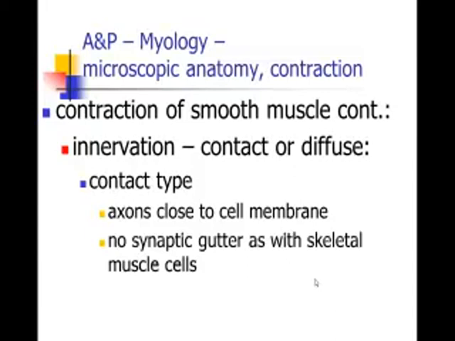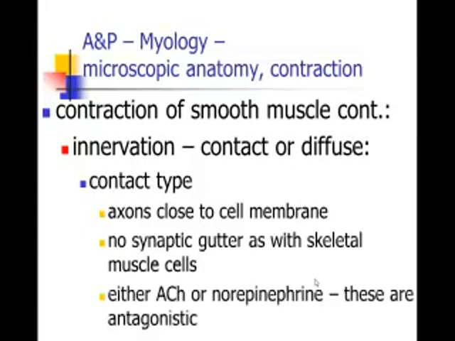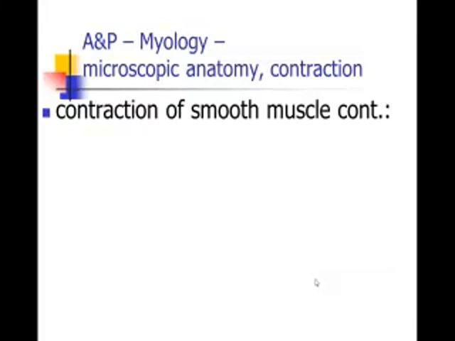There is no gutter, and we use one of two stimulants, neurotransmitters. We can use acetylcholine or norepinephrine. These are antagonistic to each other. And you notice I didn't say which one is stimulatory. It depends. So in some places acetylcholine can be stimulatory. In other places it causes things to kind of shut down.